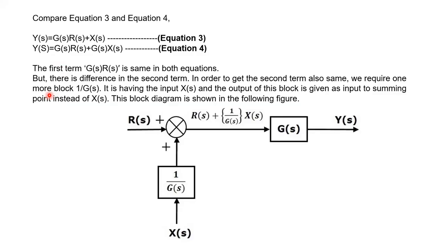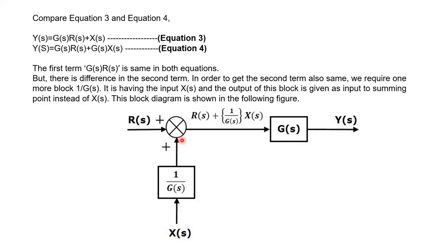To do so, what we do here is add a block in between X(s) and the summing point, with the value that is the reciprocal of G(s). So it is a 1 by G(s) block, which is put in between your X(s) and the summing point.